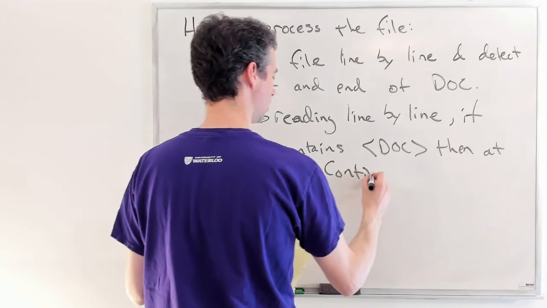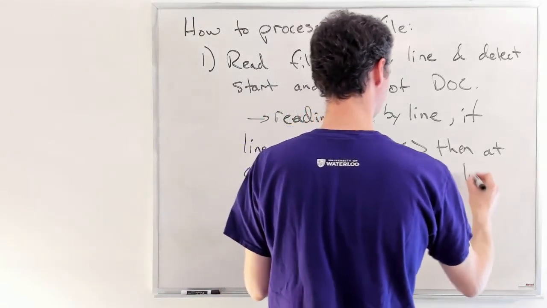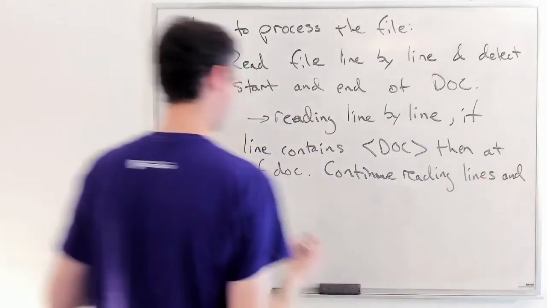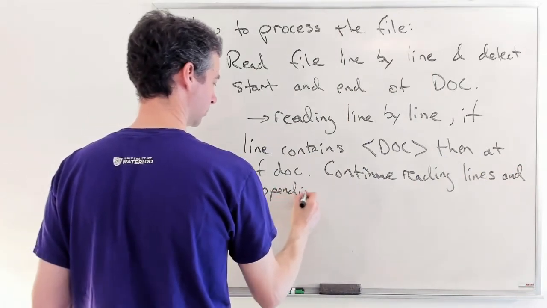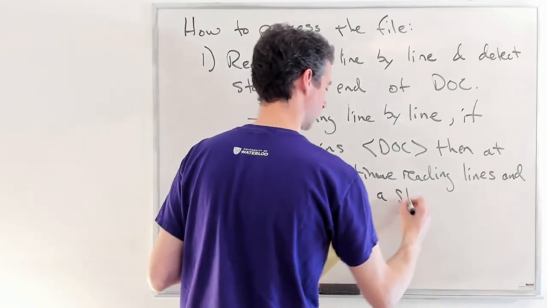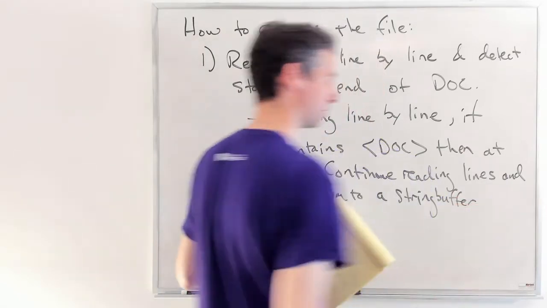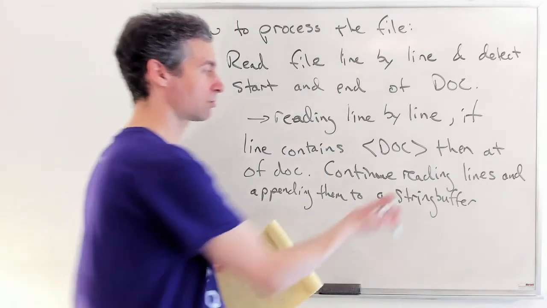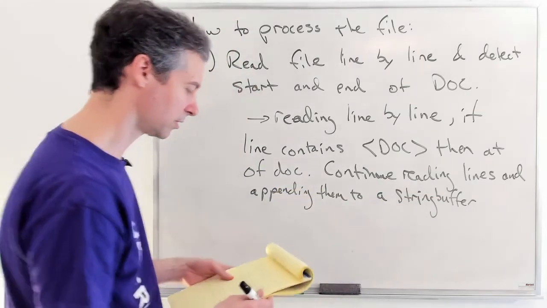And you're going to continue reading lines and appending them to a string buffer. If you're going to read it in as one long string for the document, which you may pass off to that XML processor, you'd use a string buffer. If you're in Java, you could just use a string; in any other language, whatever works to do this efficiently.